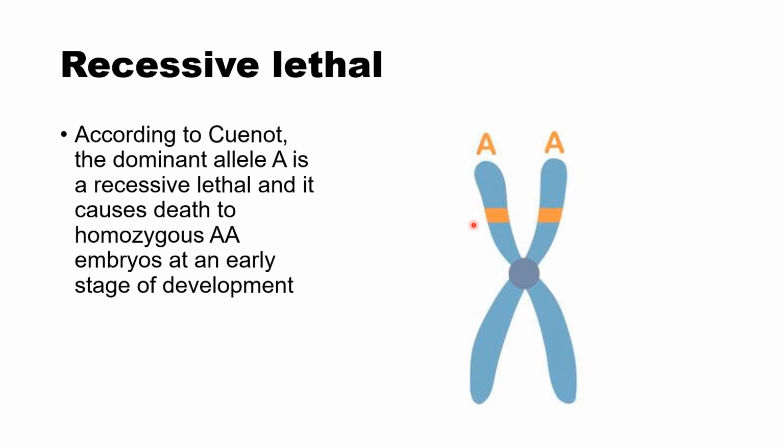It can cause death to the organism at the early stage of development. So, it is not only a recessive lethal, it is also an early onset lethal gene, because it takes effect on the early stage of the development.